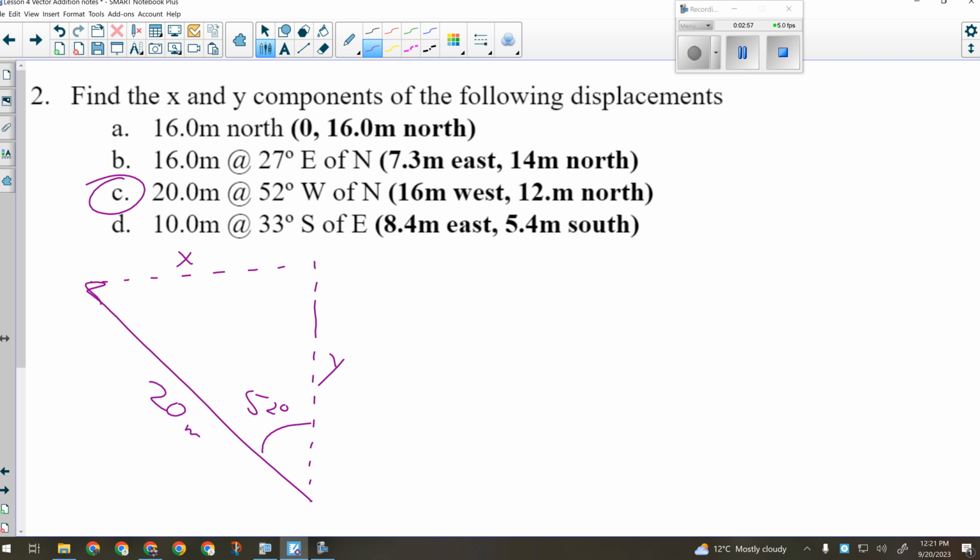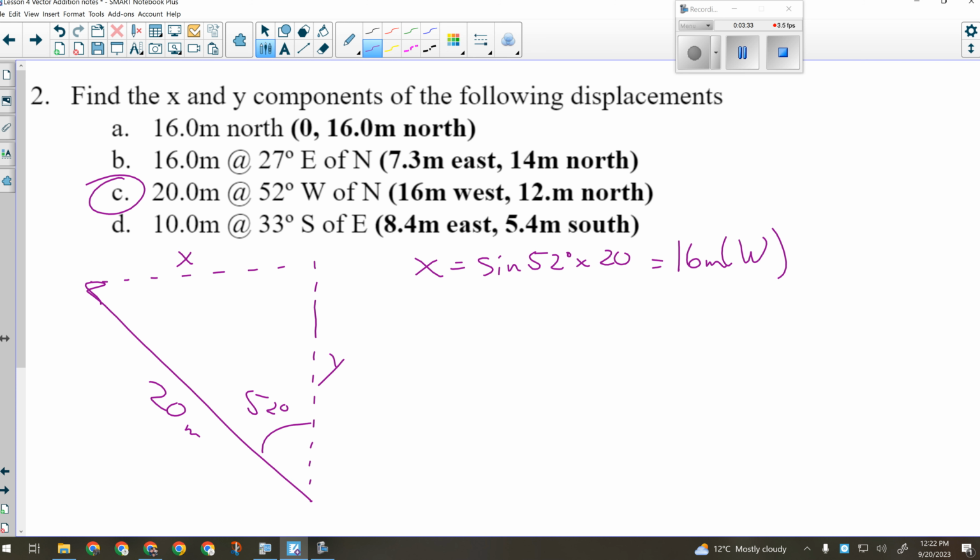If I want to find the x component, what trig function am I going to use? Which side is it? Opposite. What trig function do I use if I'm using opposite and hypotenuse? Sine. So x is going to be the sine of 52 degrees times the hypotenuse, which is 20, and that should give us 16 meters west.